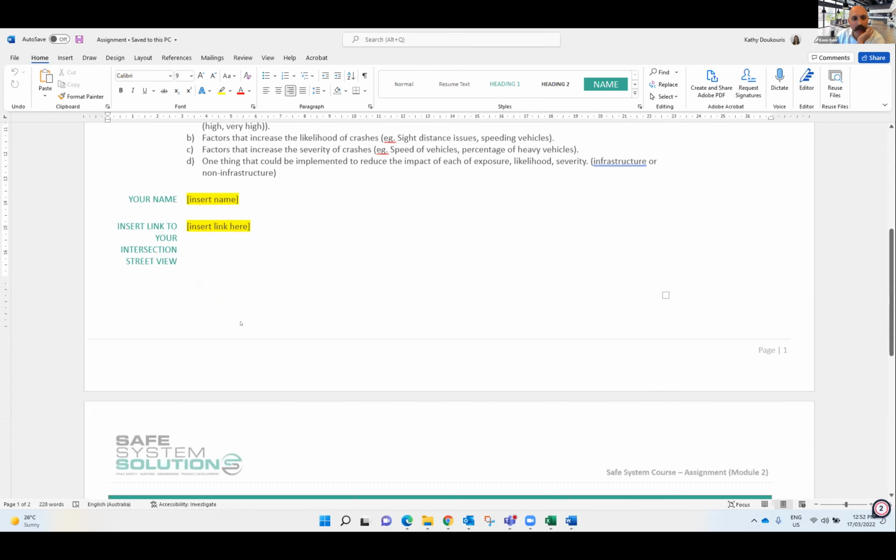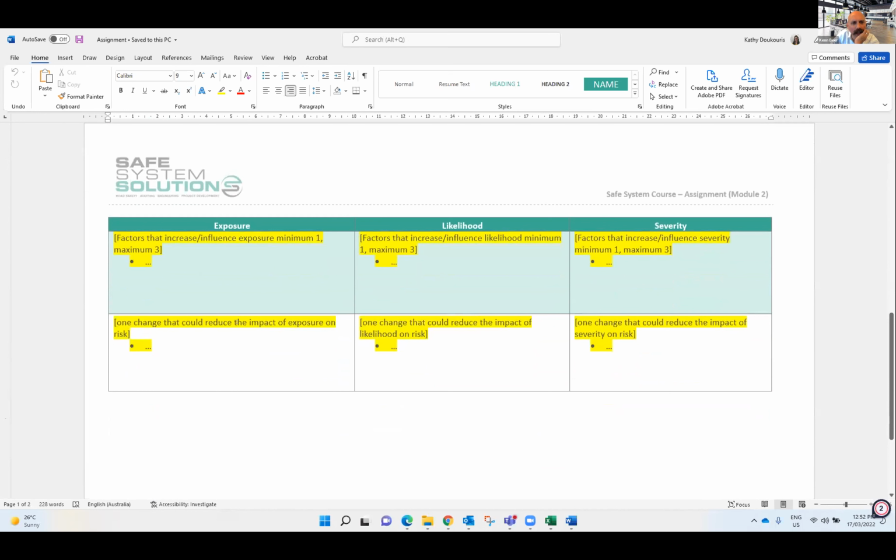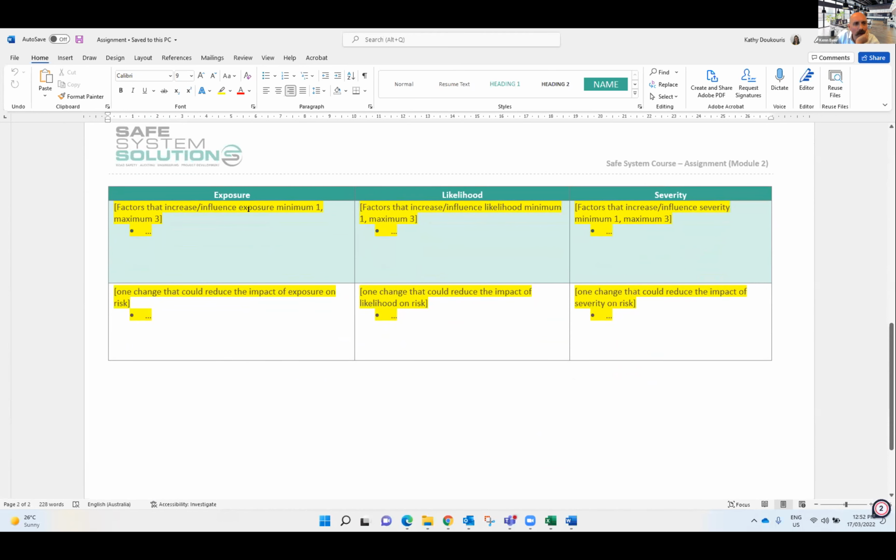And then what's on the next page? Oh, more highlights. Okay, so all we want you to do is put in there, for exposure, between 1 and 3 factors that influence or increase exposure at that intersection you've chosen. So that could just be, well, it's got the number of legs, or it's a major arterial, it's got lots of vehicles coming through there.